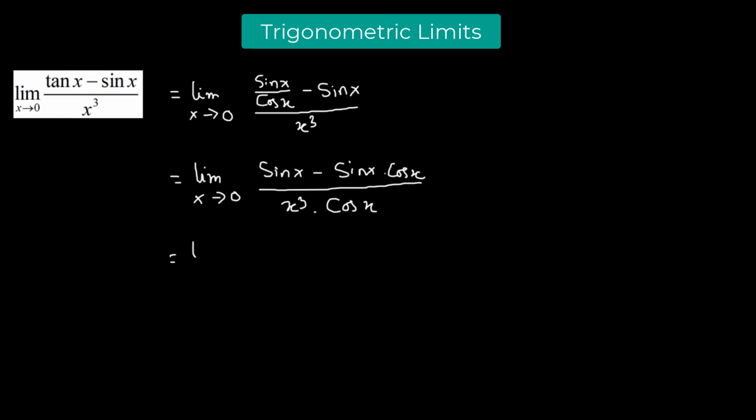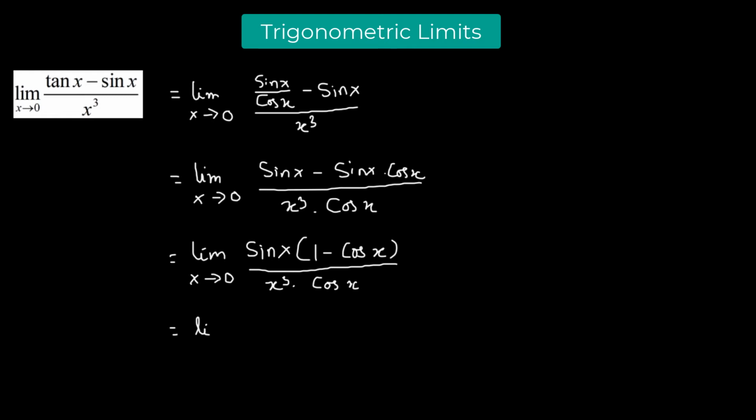Now we're going to factor out the sin x from the numerator. So we have sin x multiplied by (1 minus cos x) divided by x cubed times cos x. Here we are going to first calculate the limiting value of sin x over x, because we know that this value is going to be equal to 1, and then we have the limit x tending to 0 of 1 minus cos x.